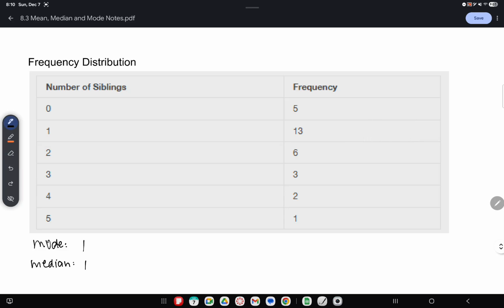All right, the mean. Instead of trying to type all these numbers in, I have 5 times 0. I have 13 ones. I have 6 twos, so that makes 12. I have 3 threes, that makes 9.